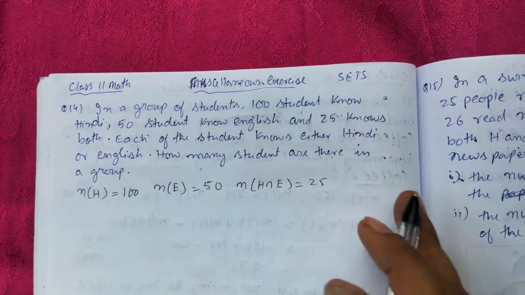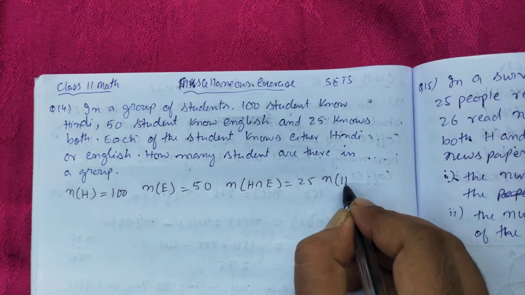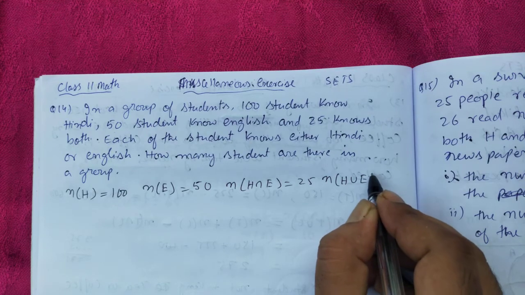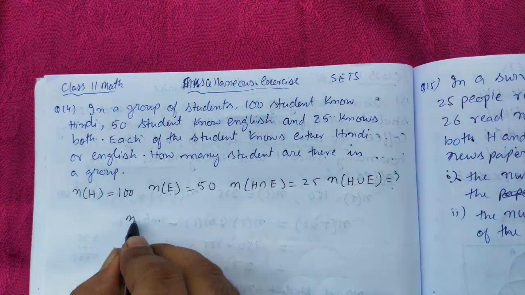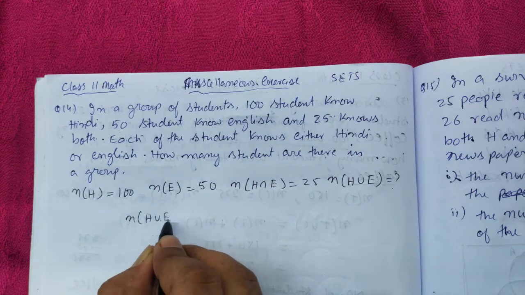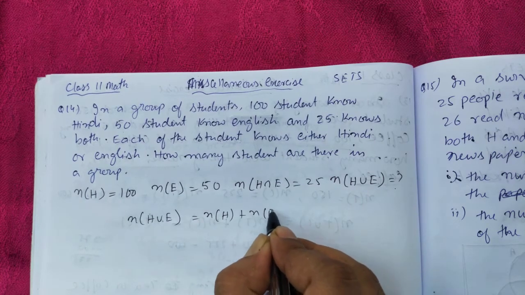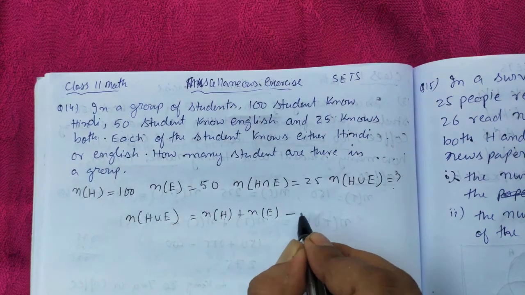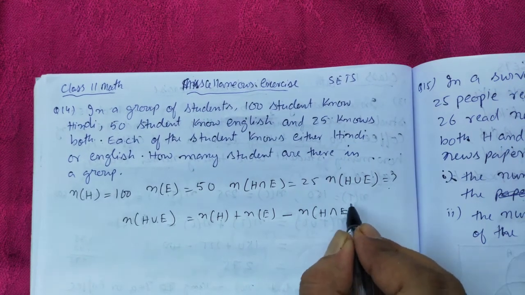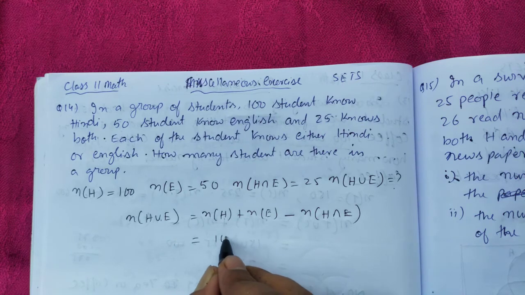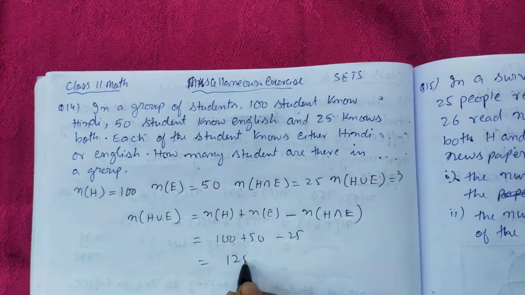That means the universal set is not there. So n(H union E) you are going to find. So use the direct formula: n(H) plus n(E) minus n(H intersection E). Put the values: 100 plus 50 minus 25. So you'll get 125.